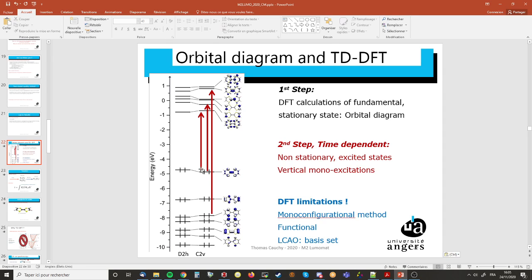When you say it's an orbital from the HOMO to the LUMO, you imply that the LUMO of your excited state is the same LUMO as your ground state. And sometimes not. That means that when you remove an electron here and it goes here, all the other electrons adapt.